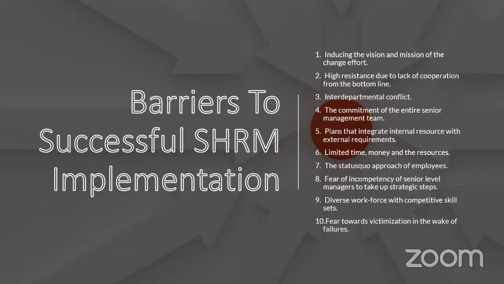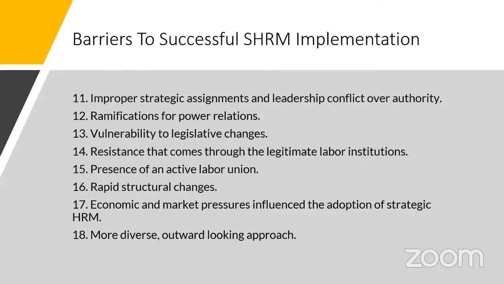So all of those, or some of these and more, you still have things like improper strategic assignment, a leadership conflict over authority, like we're having in Nigeria now, PDP. Okay, PDP is having this number 3 challenge, this number 11 challenge. They will have ramification for power relations. They're also having the same challenge. Vulnerability to legislative changes. They're also having the same challenge.